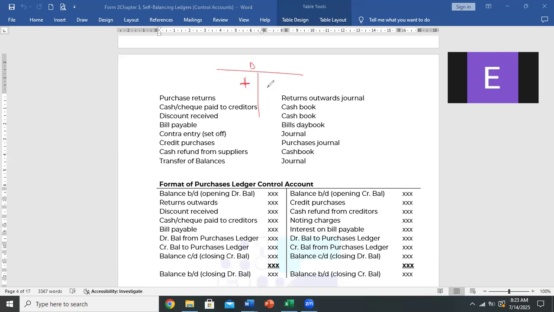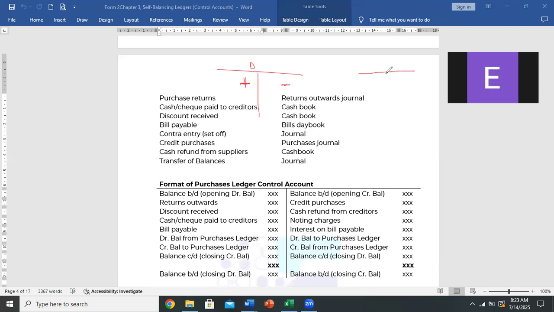And if the item is going to decrease the balance, you credit it. Okay. You can also use the application of double entry on personal accounts, debit the receiver, credit the giver, right? Also to record your items at the right side of the account.